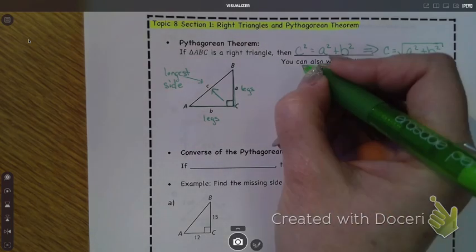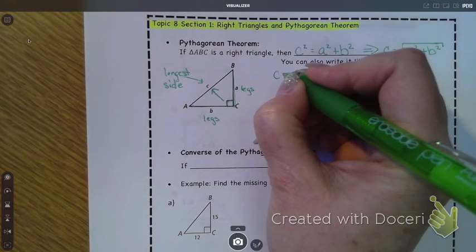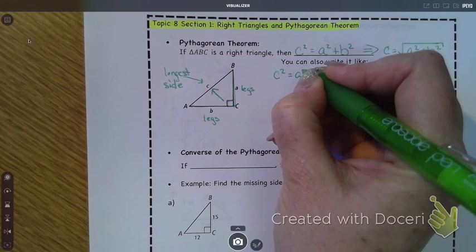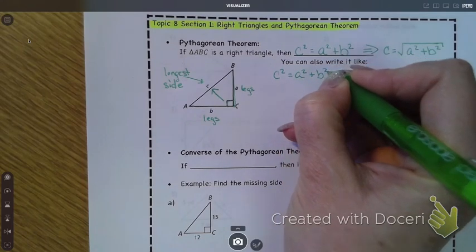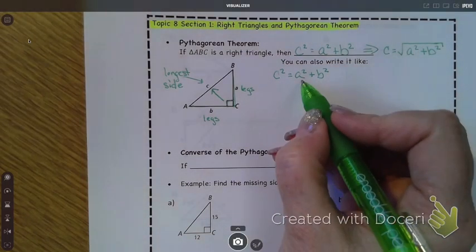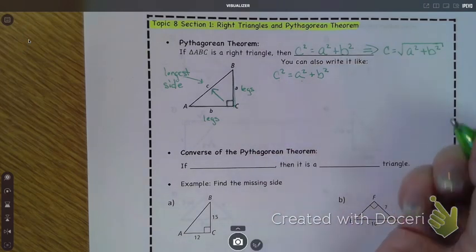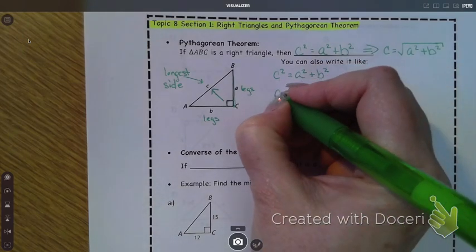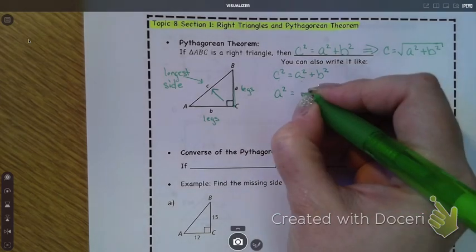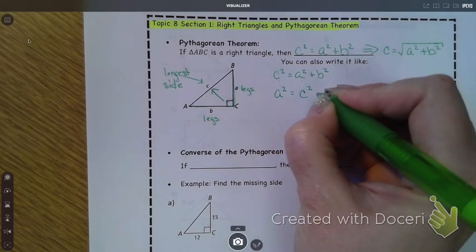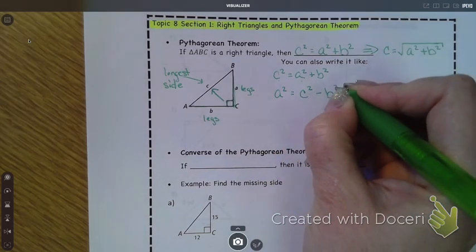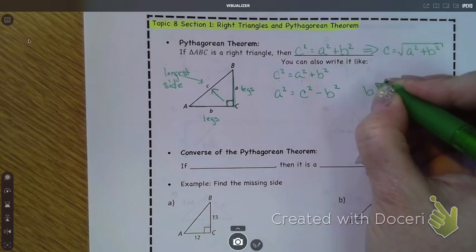So if I'm finding one of the legs and I start with C squared equals A squared plus B squared, you work backwards. How do I move one of them over? Just subtract it. So A squared would equal C squared minus B squared. What would B squared equal?